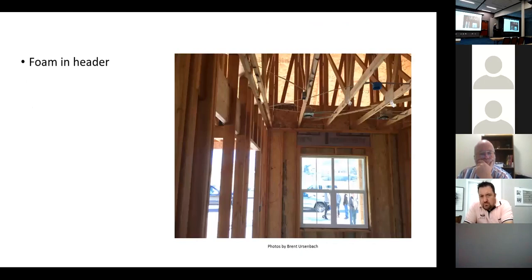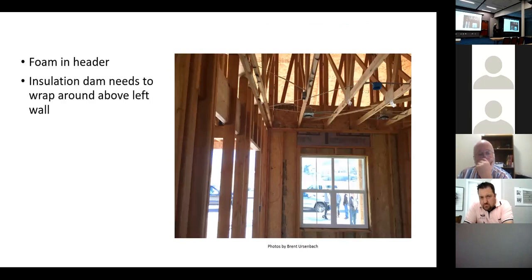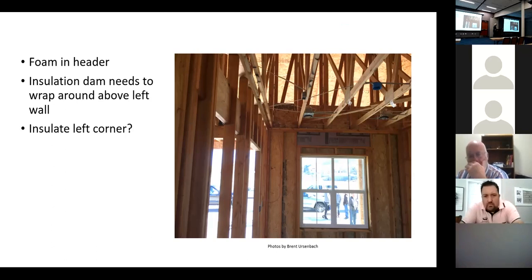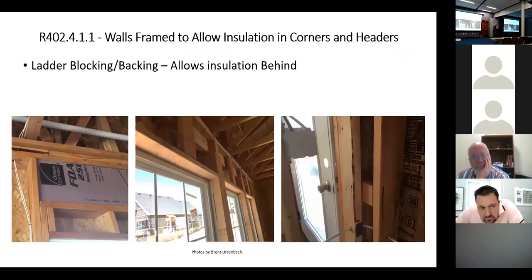So they put foam in the headers, which is actually in that table that I was talking about. They put an insulation dam around here. This is a porch area that's covered, so the trusses hang over and we have a covered front porch, but they did not put the insulation dam down this side. Insulating in the corner is difficult on this house, but here's what they've done.